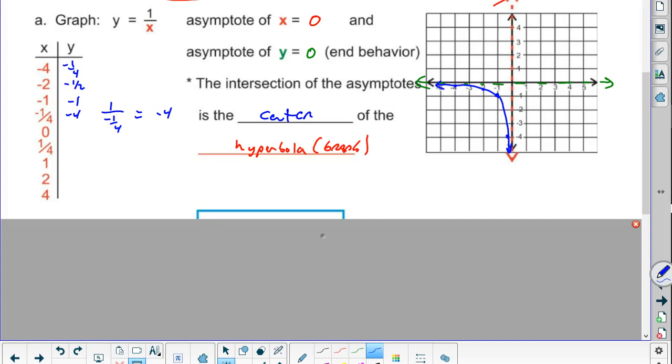Okay, the only reason I put 0 in here, what's going to happen when you put in 0 for x? 1/0, and you get infinity, which is really the asymptote. Okay, positive numbers now. If x is 1/4, 1 over 1/4 is 4. So now we get (1/4, 4), and we're up here.